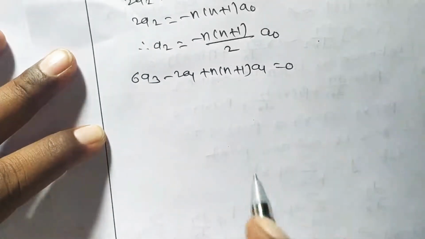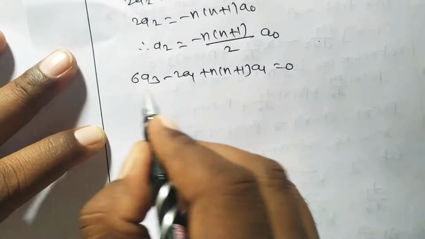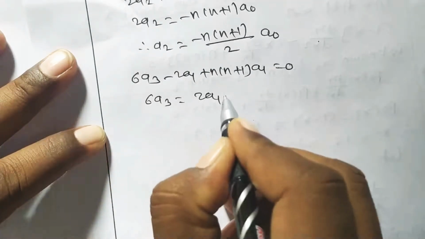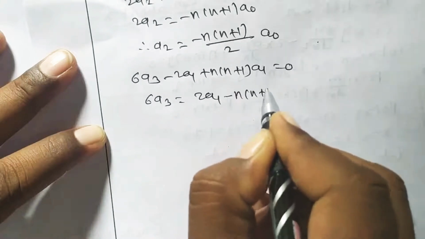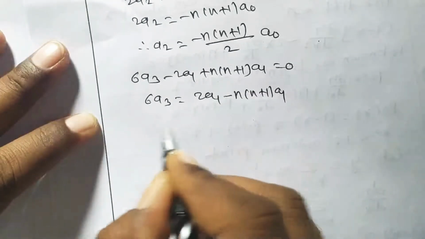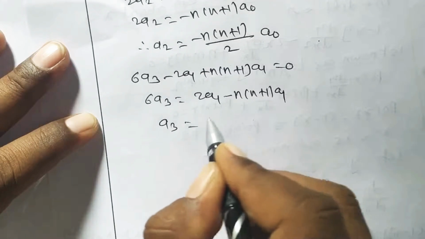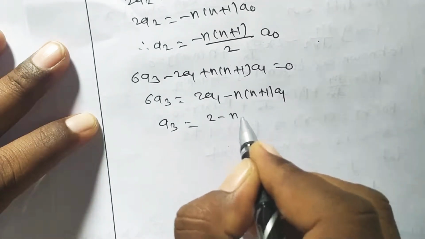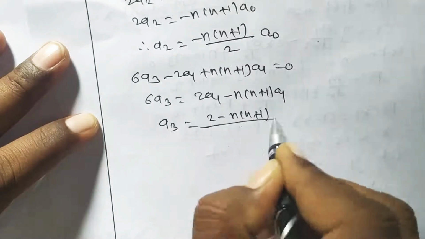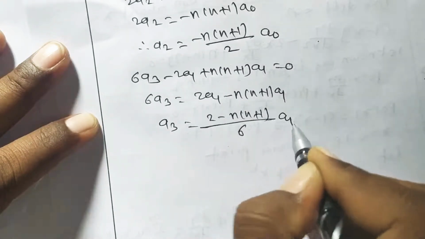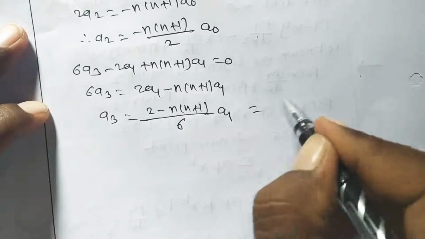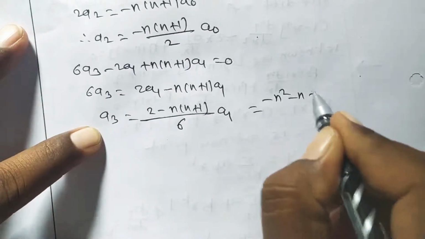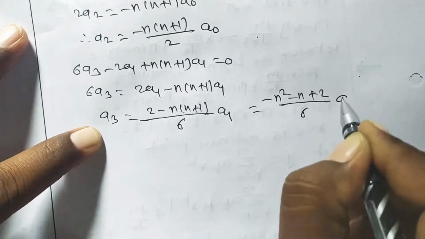These are the coefficient of x, equate with 0. Okay, so we want the value of a3, so 6a3 is equal to 2a1 minus n into n plus 1 a1. Take a1 common, so a3 is equal to 2 minus n into n plus 1 upon 6 into a1, can be written as minus n square minus n plus 2 upon 6 into a1.